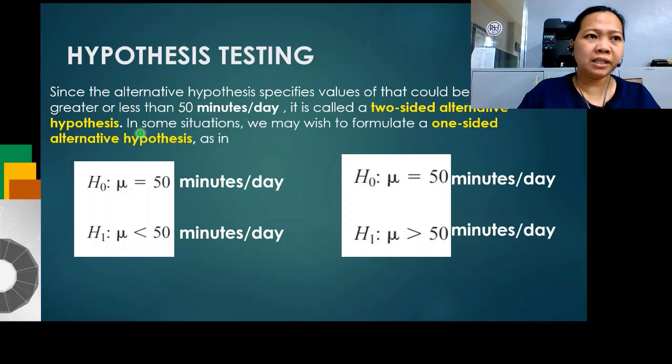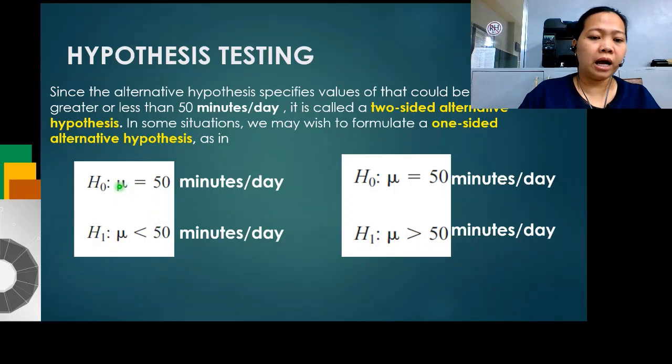And in some cases, and I think in most problems, we are interested to formulate one-sided alternative hypothesis. One-sided pasabot, more specific compared to two-sided alternative. So instead of making an alternative hypothesis that is not equal to 50, then we will do this example.